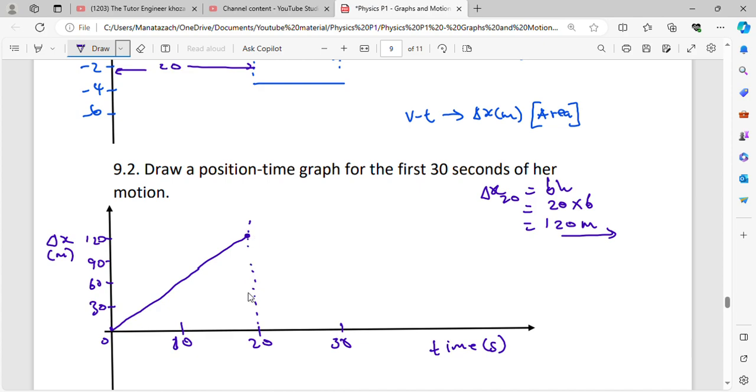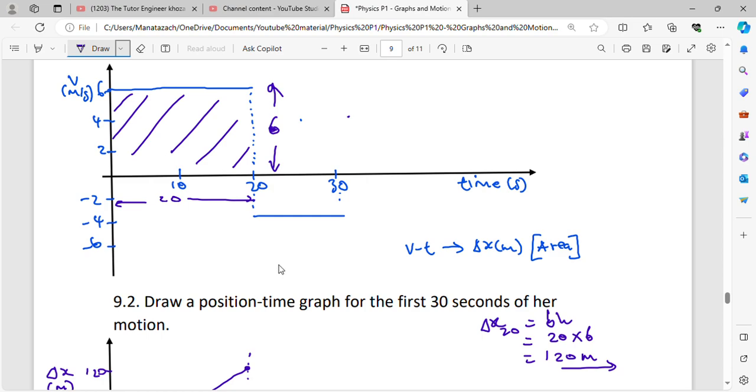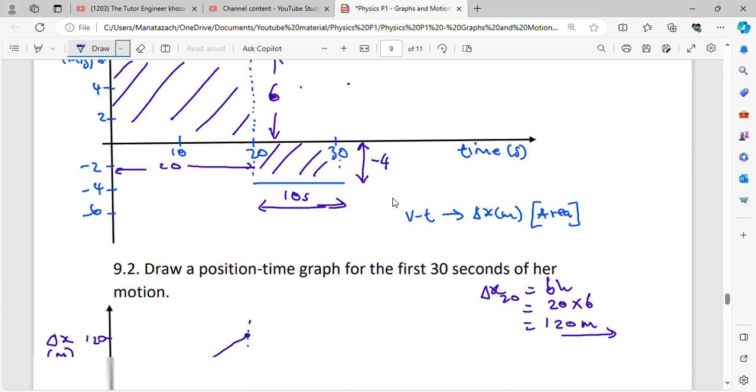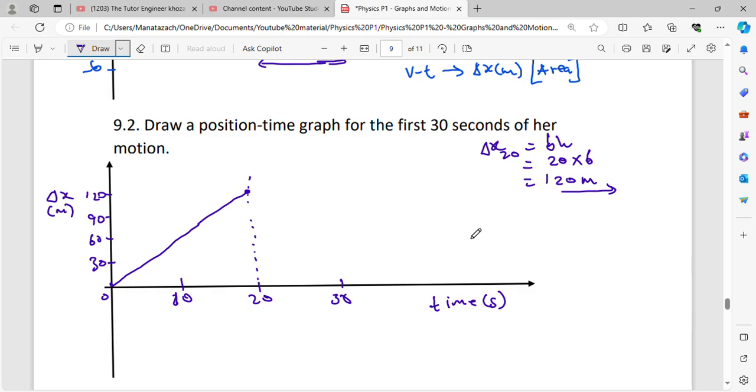So now let's work out the displacement between 20 and 30 seconds. Likewise, the base would now be 10 seconds, and the height would be minus 4 meters per second. So let's work out the area for the displacement at 30 seconds. Base times height.